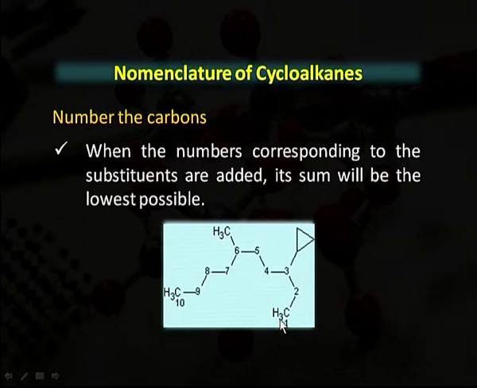If we started from the other side, we would number carbon 1, 2, 3, 4, 5, 6, and the first locant would be on the 5th position instead of the 3rd position. So, as per the IUPAC nomenclature, we give the numbering that has the lowest possible sum.